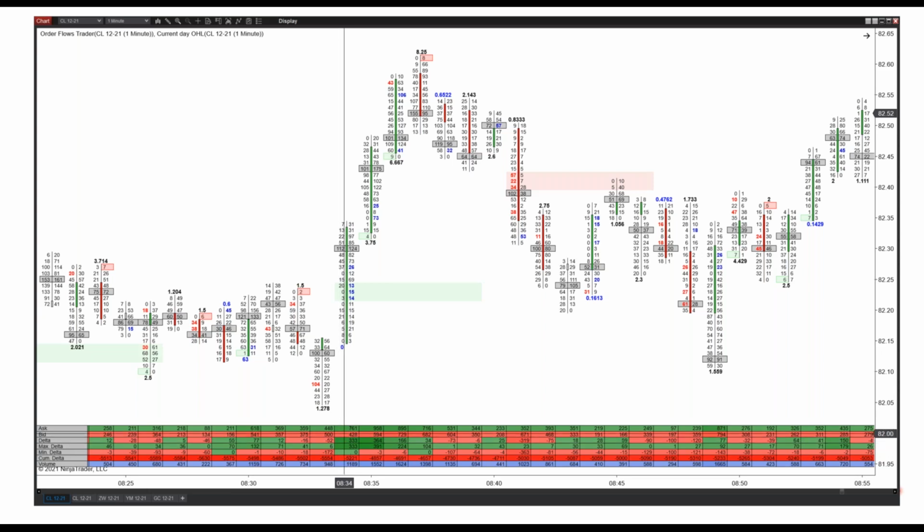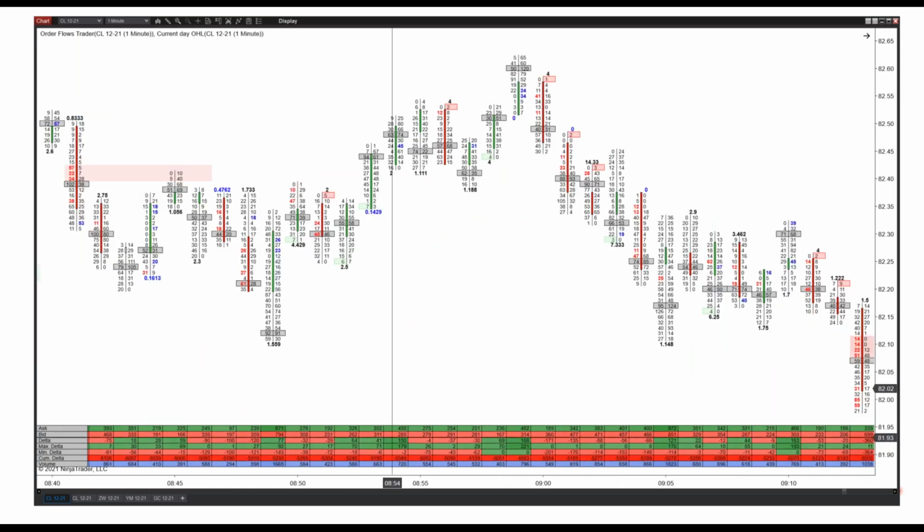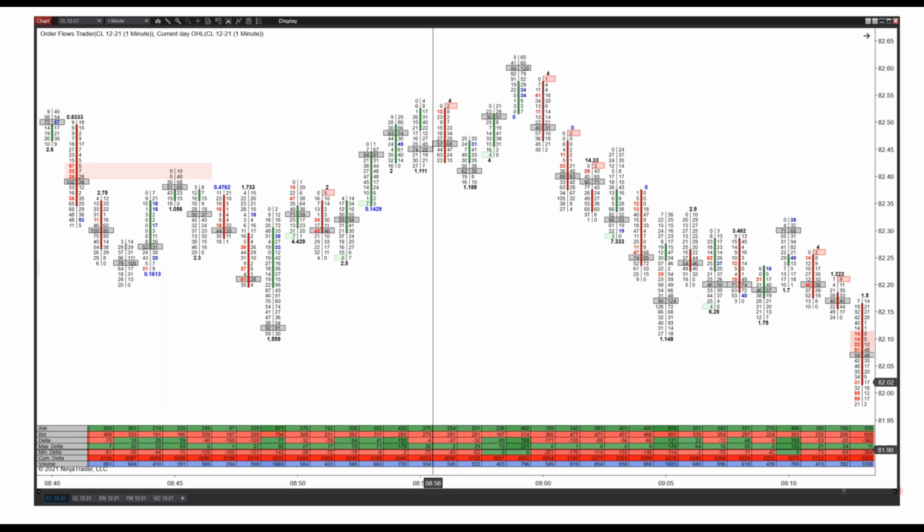Well, no. It's not going to be consistent, because there are going to be a lot of times where you have bars with small delta and bars with a big delta. Remember, it's based on what's trading in the market. Sometimes the market is quiet and it's just not going to trade a lot of volume. That's why you have to take it in context of what's happening in the market.